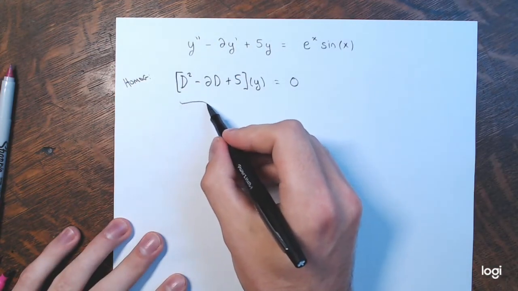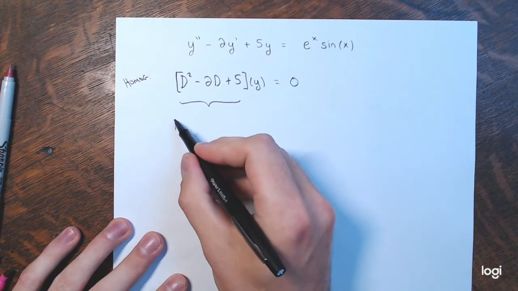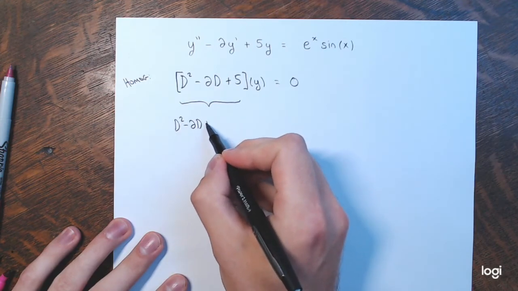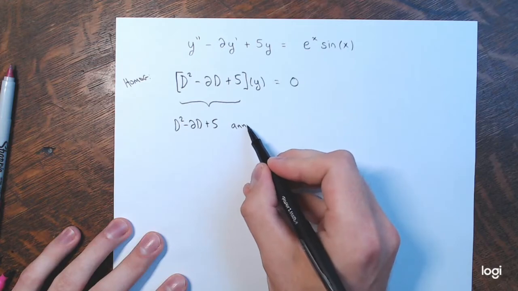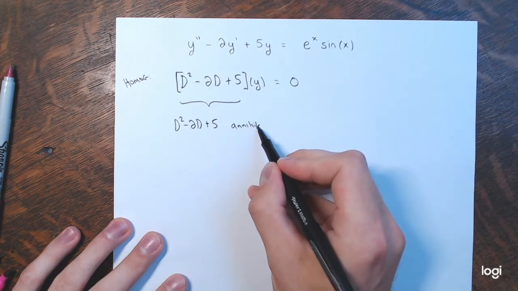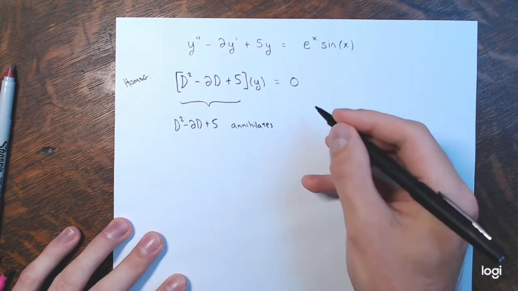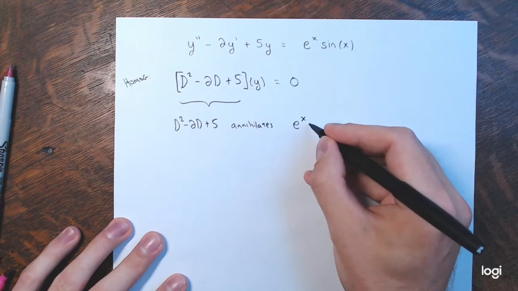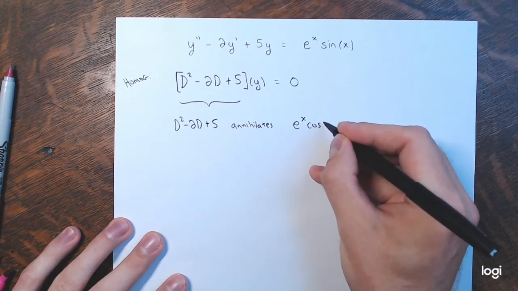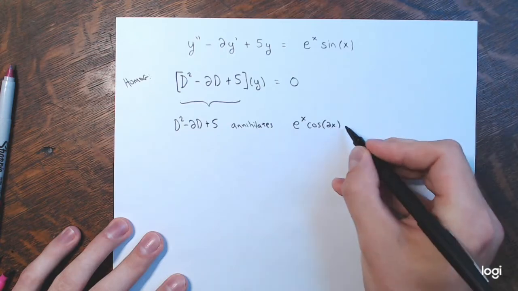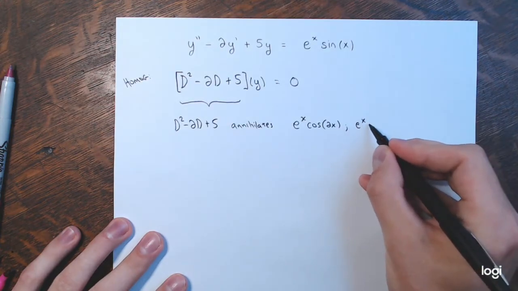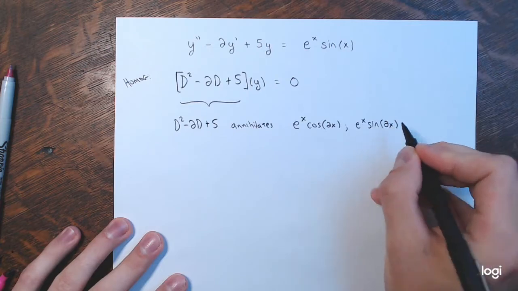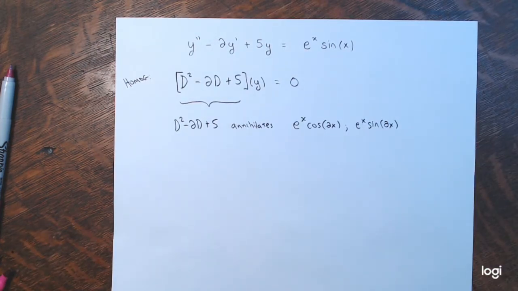I'll leave it to you to determine this, but D squared minus 2D plus 5 annihilates the following functions: e to the x times the cosine of 2x, and e to the x times the sine of 2x. So therefore, it'll annihilate any linear combination of those. This is just based on the fact that I know my annihilators pretty well.